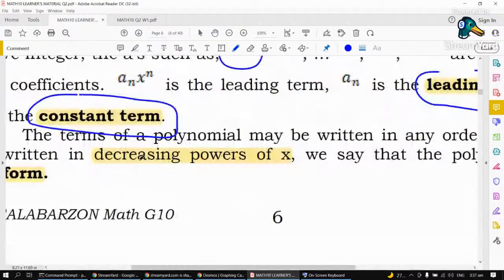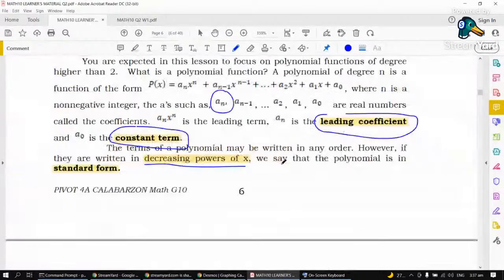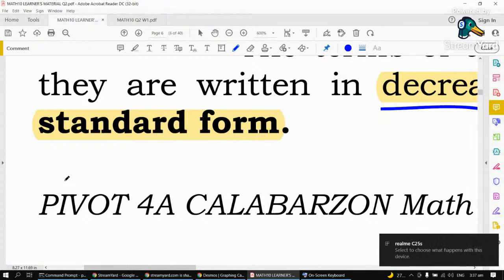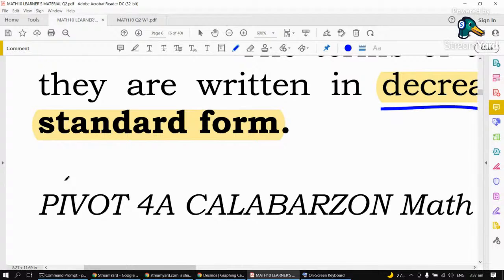So, pag sinulat daw natin ng decreasing power of x, okay, ibig sabihin ang polynomial is in standard form. Kapag sunod-sunod, for example, ang pinakamalaki is 8, then sinundan ng 7, and then 6, and then 5, and then 4. Yan ang standard form.